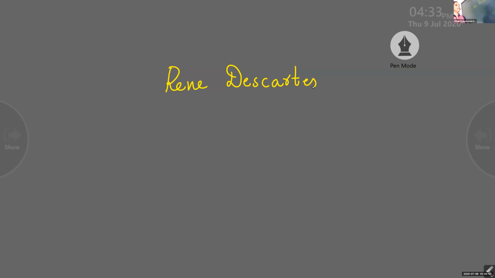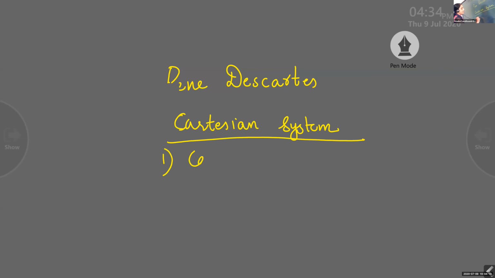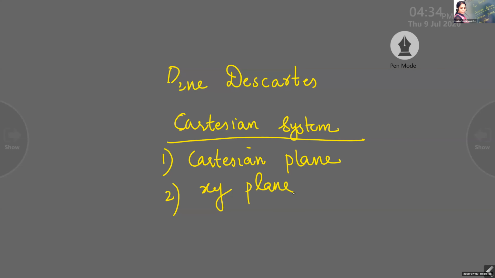The system is known as the Cartesian system, and the plane is known as the Cartesian plane, or XY plane, or coordinate plane. Three names. All these are the different names of the plane, which is divided into four parts.